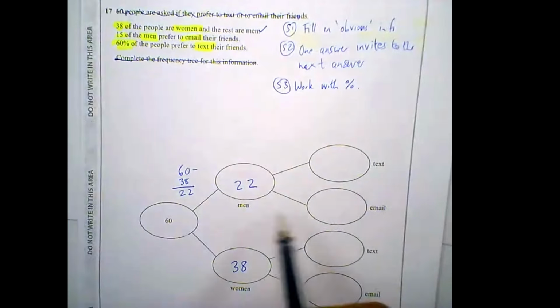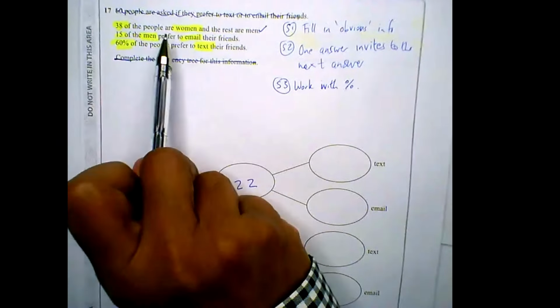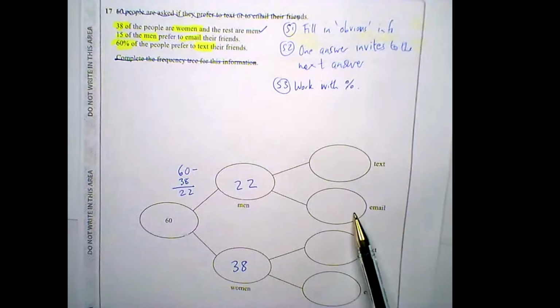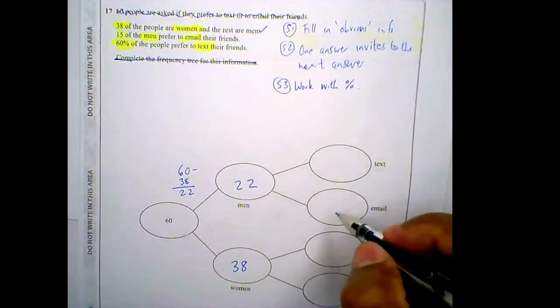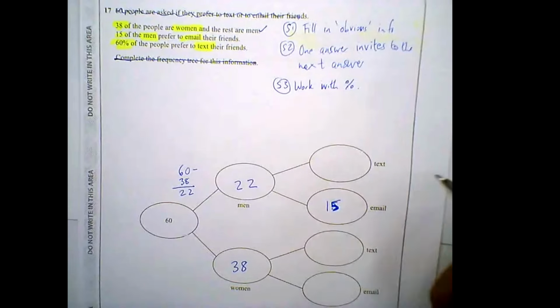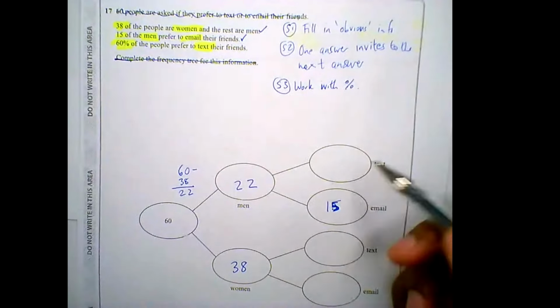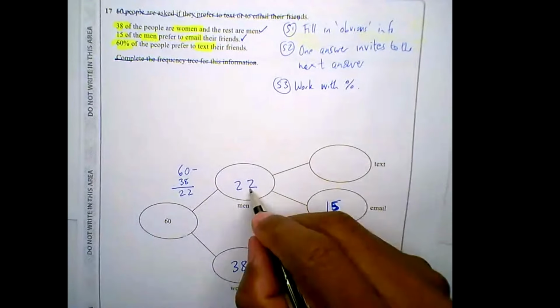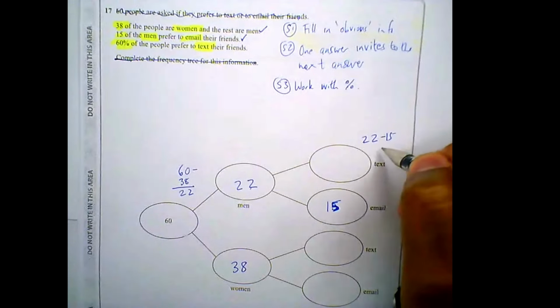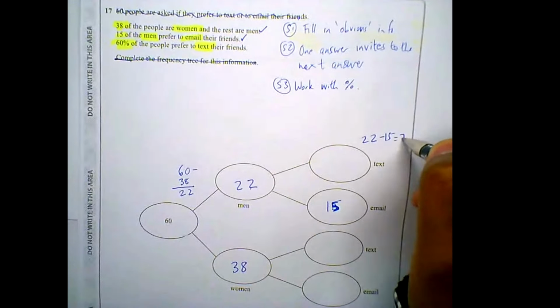Second sentence, 15 of the men prefer to email their friends. So from men, I'm looking for email. So email, 15 is what goes here. So my second sentence is done. And now I can fill in this circle here, which is going to be 22 take away 15, which gives me 7.